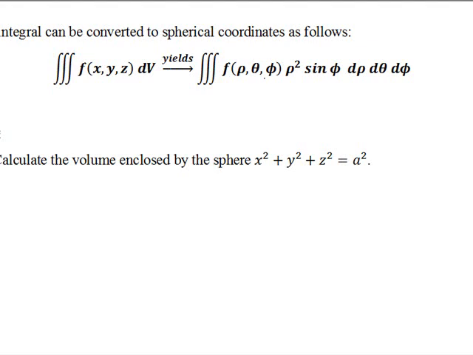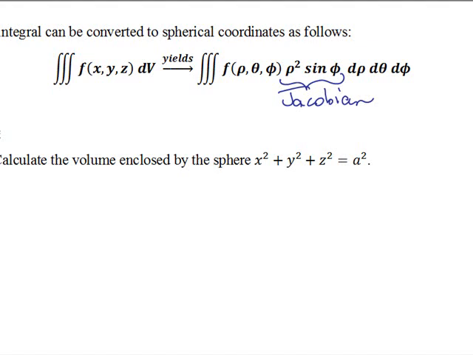Again, this here is the Jacobian for spherical coordinates, rho squared sine phi. And again, I want to remind you that in the next lecture, I'm going to show you how you find the Jacobian, and why you need to always multiply by that whenever you are changing variables.